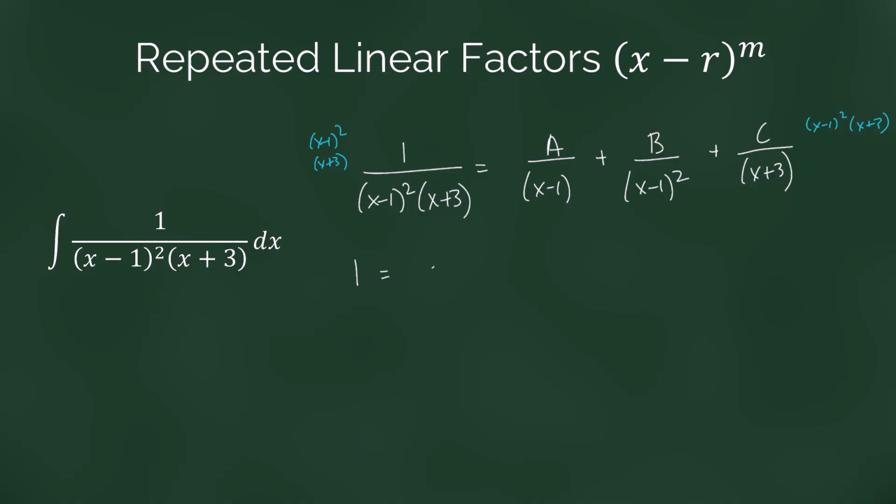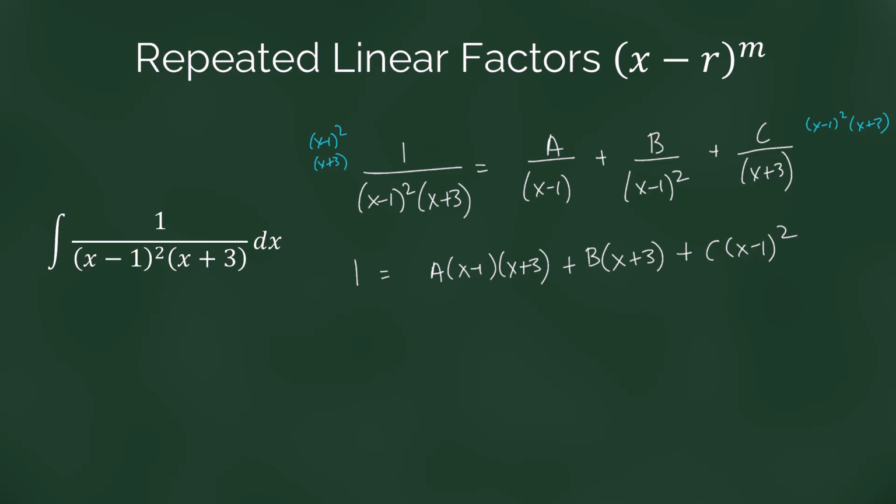On the right, when we multiply the a term by (x minus 1) squared (x plus 3), one of the x minus 1's cancel, and we end up with a times the leftover (x minus 1) times (x plus 3). And then for the b term, the (x minus 1) squared cancels, so we get b times (x plus 3). And then for the c term, the x plus 3's cancel, so we get c times (x minus 1) squared.